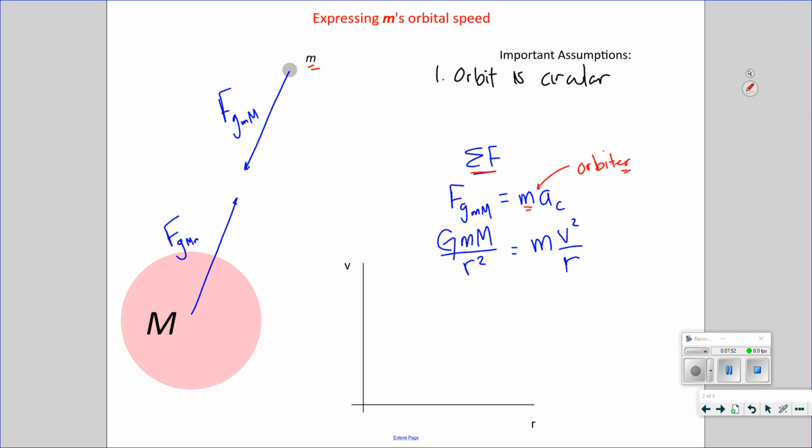But let's just talk about what these r's mean. Over here, this r means separation of centers. This r means radius of circular path.